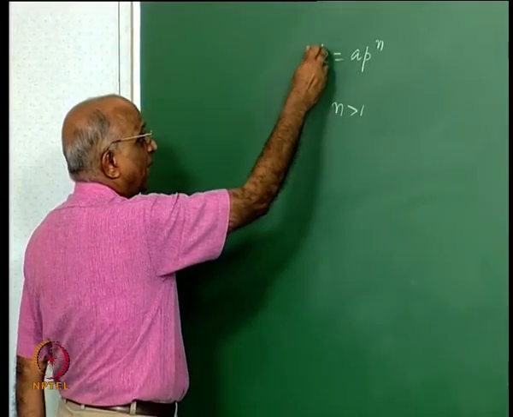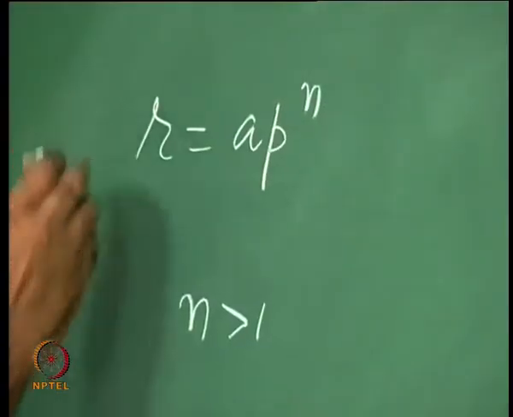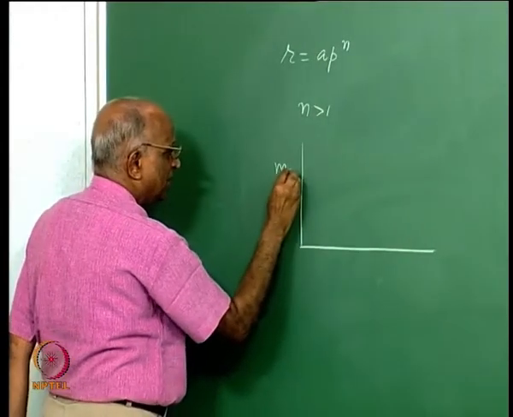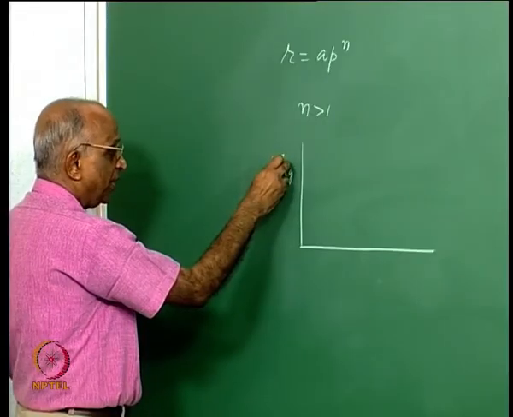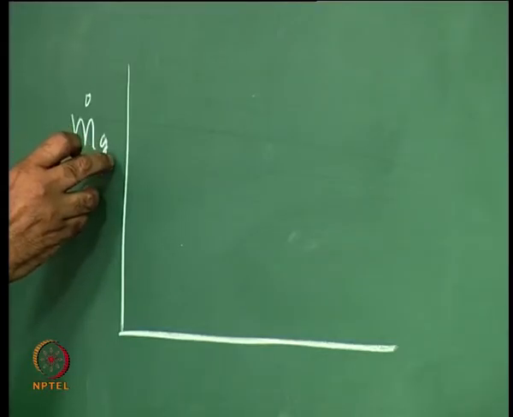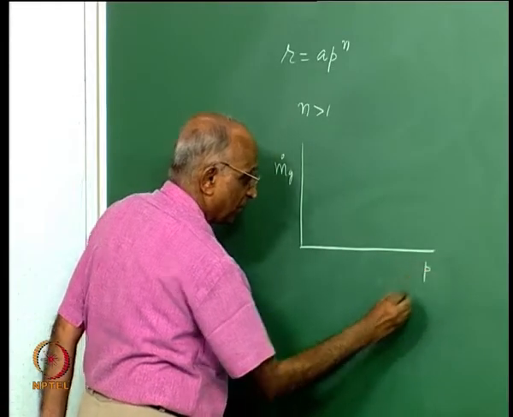If you have a given burning surface area and a given density of propellant, we can now plot the rate at which mass gets generated due to burning. In other words, the mass generated depends on the burning surface area into the density of the propellant into the burn rate law. We want to plot it as a function of pressure.